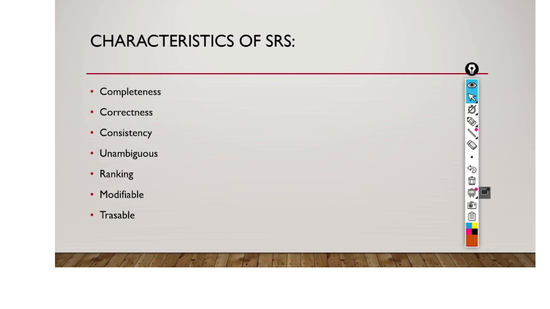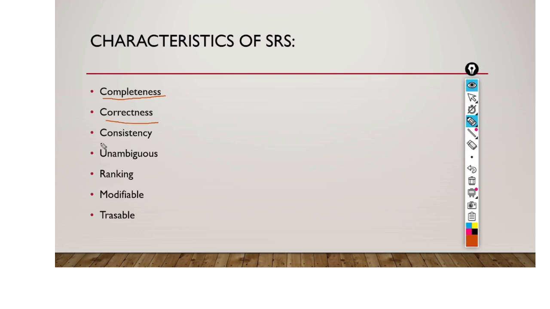So these are the characteristics of SRS: completeness, correctness, consistency, unambiguous, ranking, modifiable and traceable. Completeness means the requirements should be gathered completely and should be correct also, so that we can develop any software product in an efficient way.